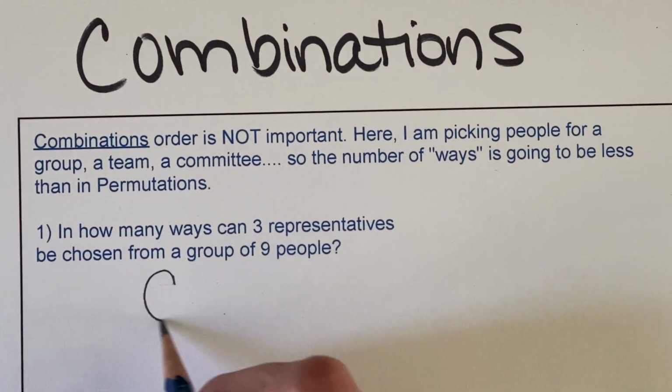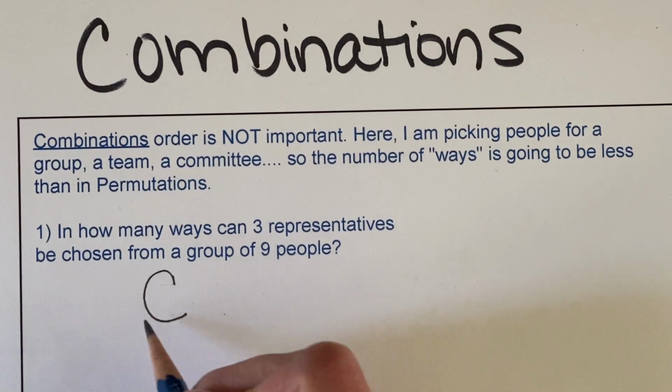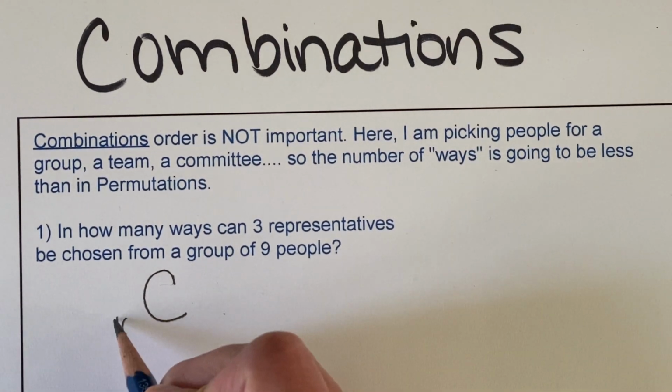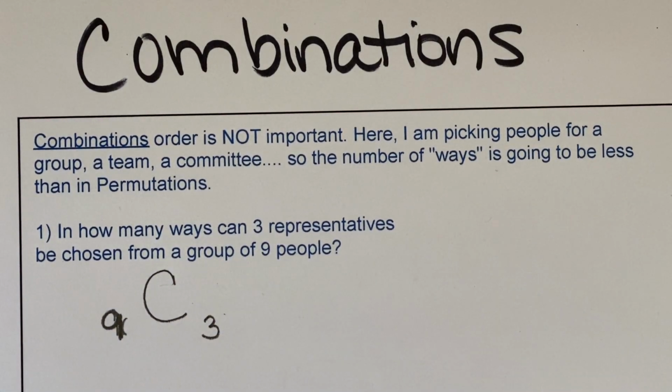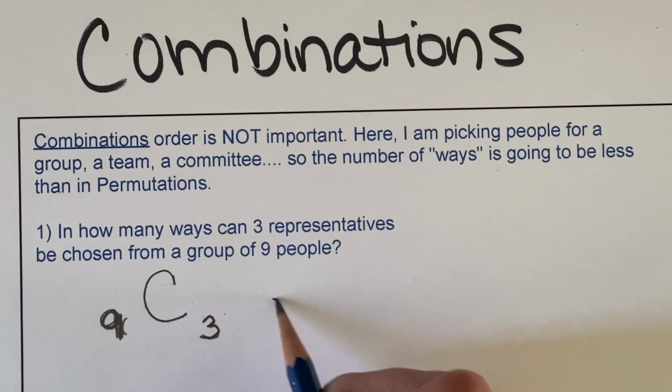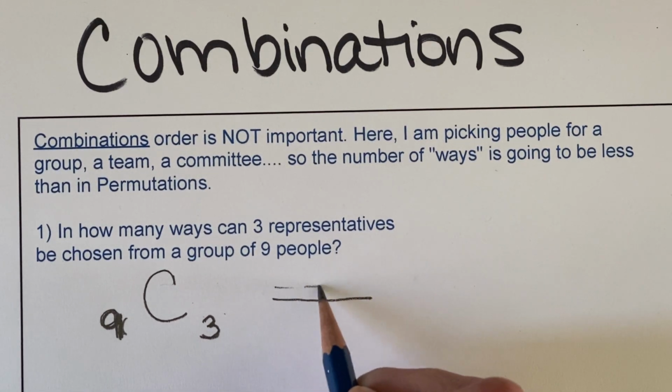This is a combination. I'm starting with 9 people, and I'm going to pick 3 of them. So that means 9 people, 3 slots.